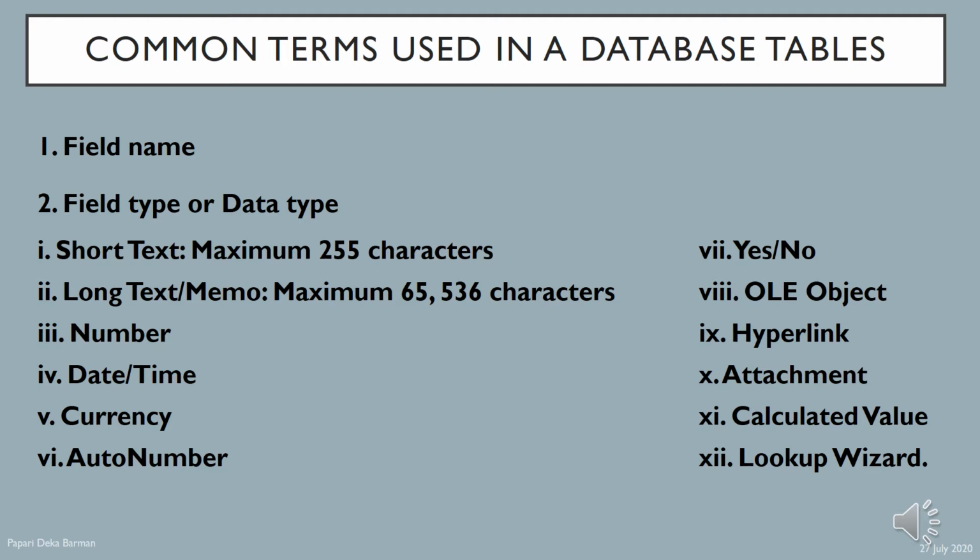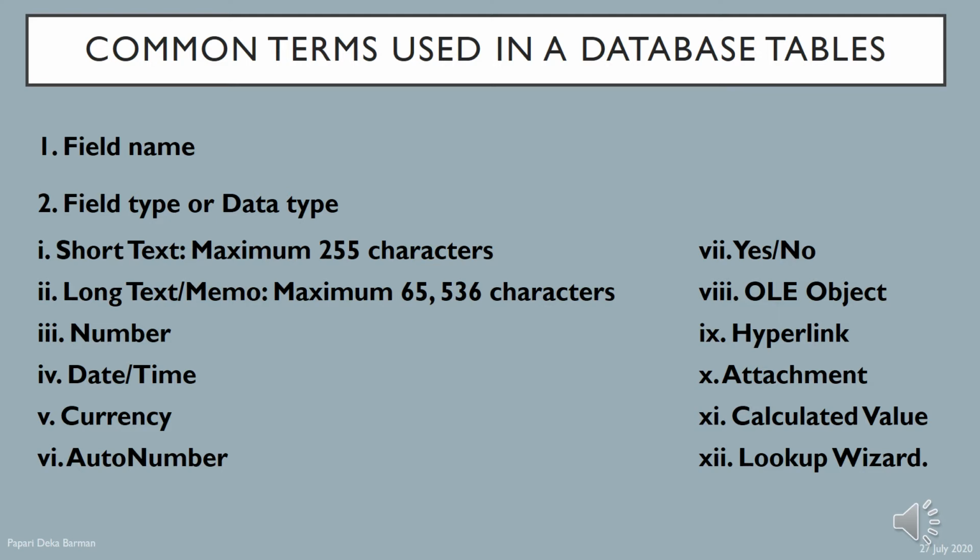Number 3 is number. Number is used to store numeric data, and this numeric data we can use in mathematical calculations. Number 4 is date or time. It stores date or time values. The format is up to you. Whatever format you want to store, that format is specified there.